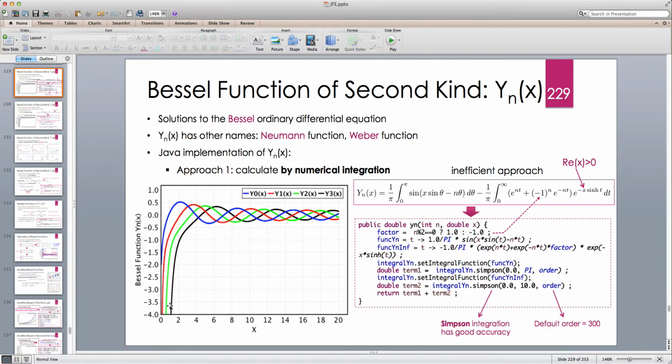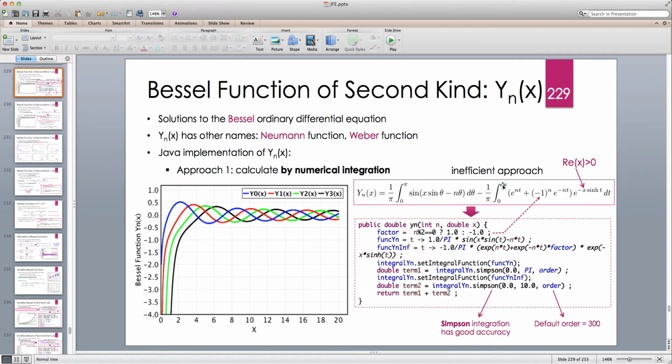All right, so the Bessel function Jn only had this first term, a finite integral, and we could easily do it. But here we also have this infinite part, or improper integral. Okay, so yn is 1 over pi, integral from 0 to pi of sine of x sine theta minus n theta d theta. Remember, Jn was cosine, yn is sine.